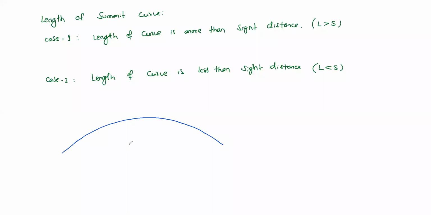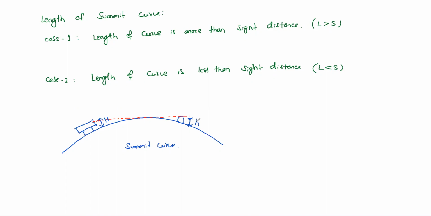On a summit curve, suppose a vehicle is passing like this. Suppose this is the driver's eye level, H, and the driver should be able to see the object on the road. This object height is small h.